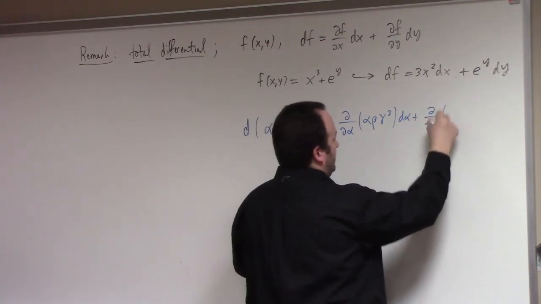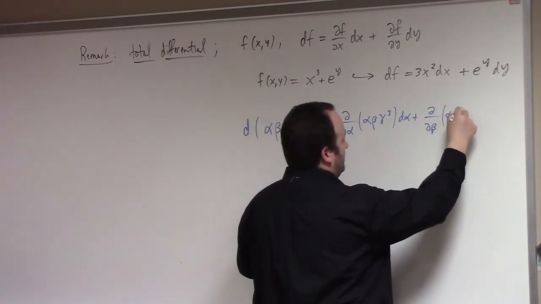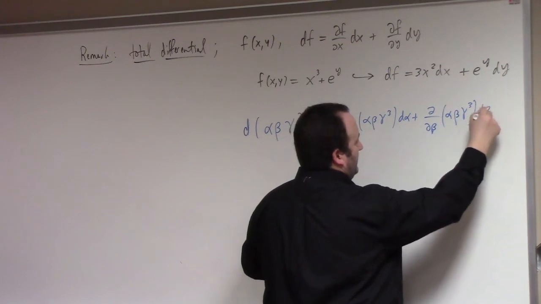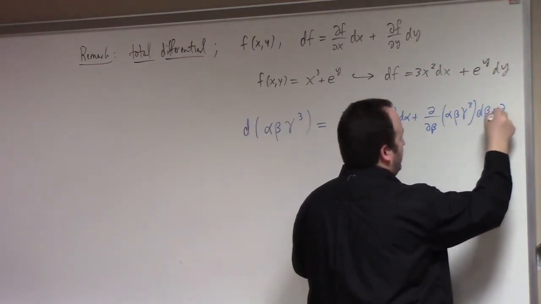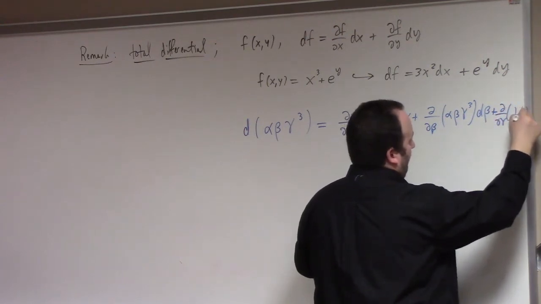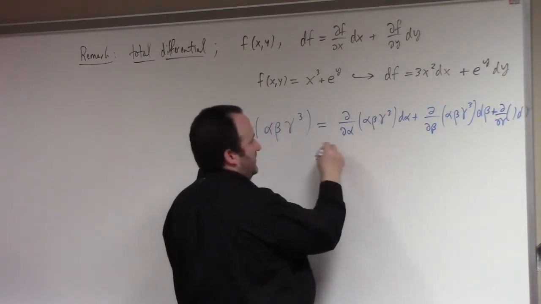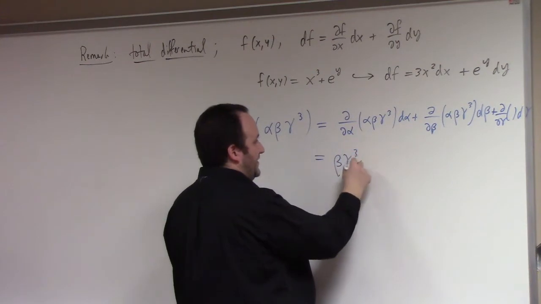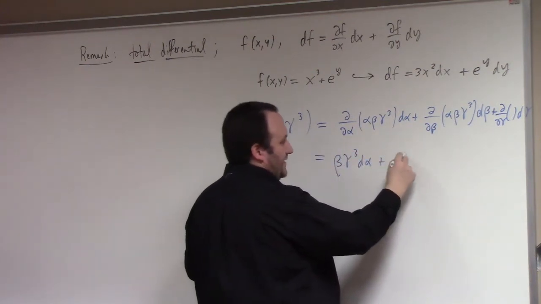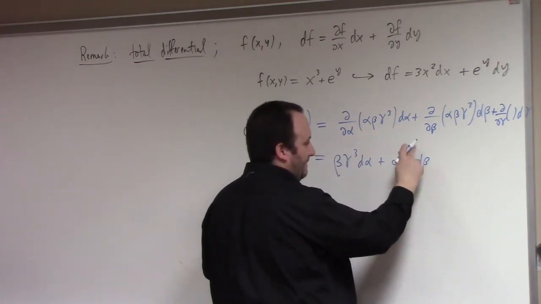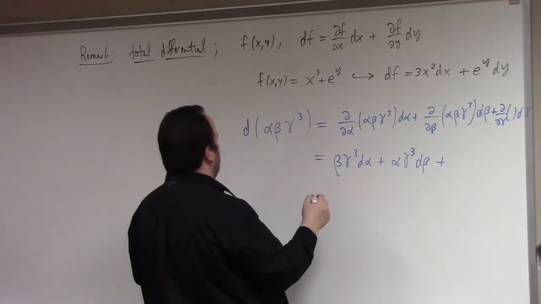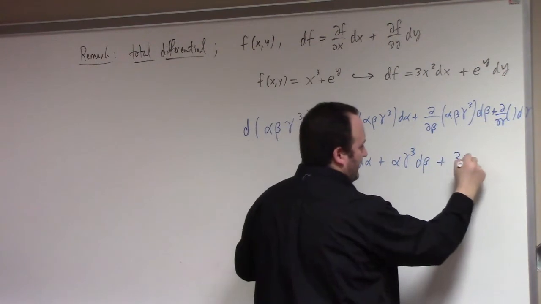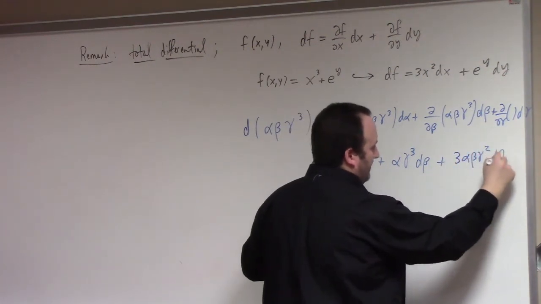It's just common custom to treat the variables which appear as independent and just proceed formally. So this would be beta gamma cubed d alpha plus alpha gamma cubed d beta plus 3 alpha beta gamma squared d gamma.